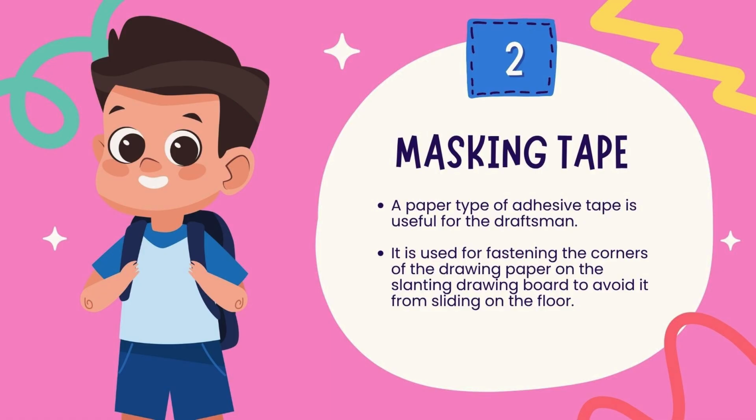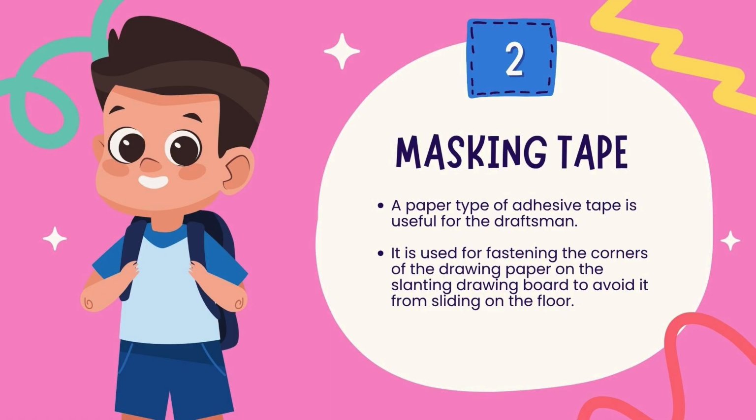Masking tape, a paper-type adhesive tape, is useful for the draftsman. It is used for fastening the corners of the drawing paper on the slanting drawing board to keep it from sliding on the floor. Using paper-type adhesive tape is important in drafting because it secures the drawing paper to the slanted drafting board, preventing it from sliding or moving while the draftsman works.